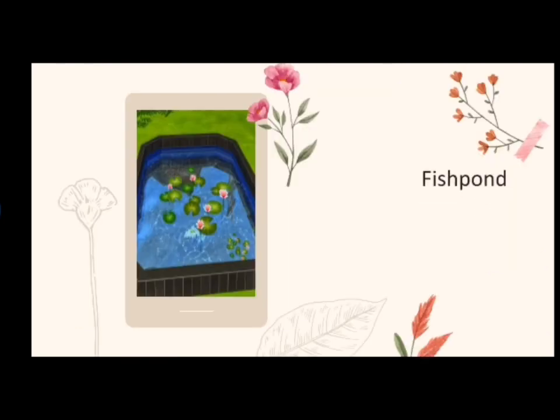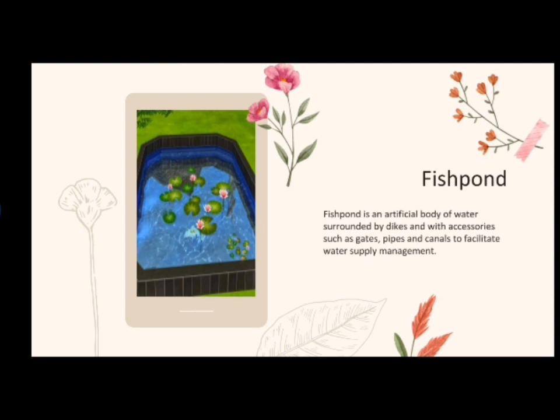So what is a fish pond? A fish pond is an artificial body of water surrounded by dikes with accessories such as gates, pipes, and canals to facilitate water supply management. They are found in almost all parts of the country and are used in the breeding, nursery, and grow-out of various food fishes.